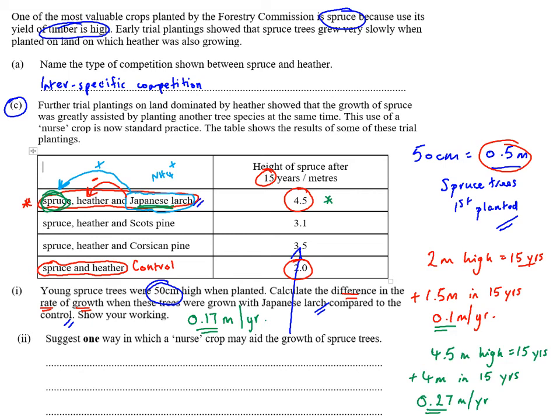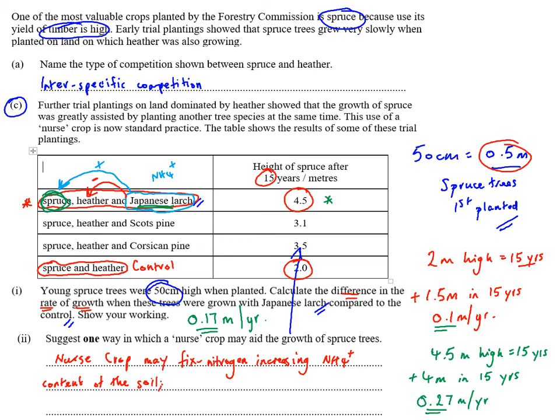Well, we're going to say the nurse crop may fix nitrogen, increasing the ammonium content of the soil, which we know would increase the growth of the spruce tree.